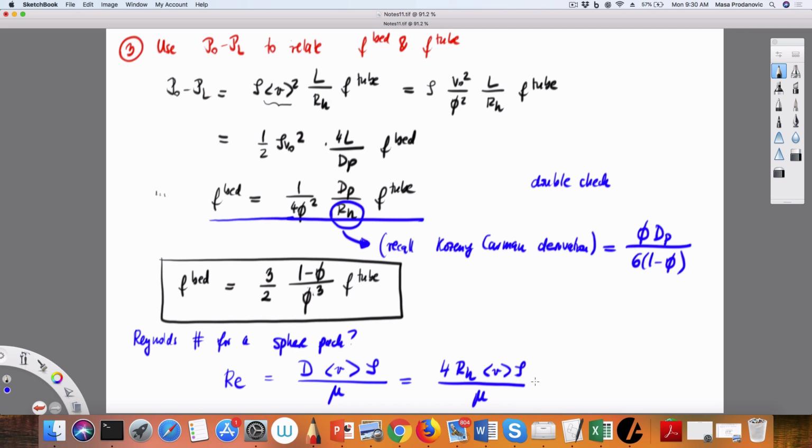So just to actually work it out a little further, if I put RH in there, I should get something like 4 phi dp, average of v, rho, divided by 6 mu (1 minus phi).